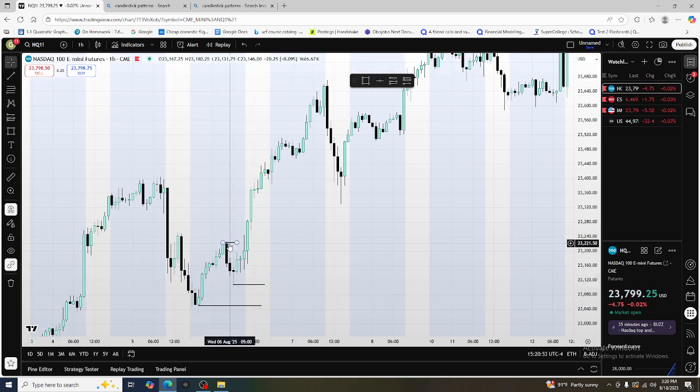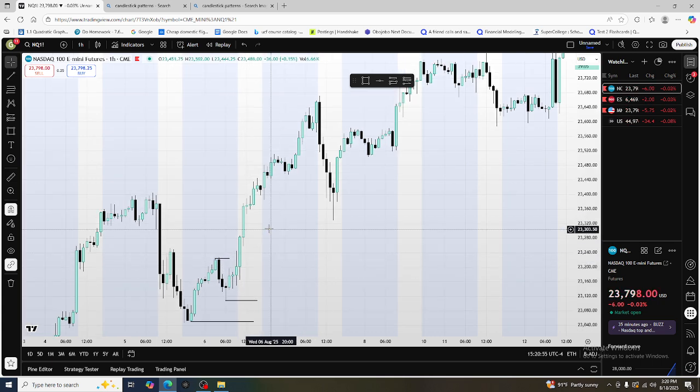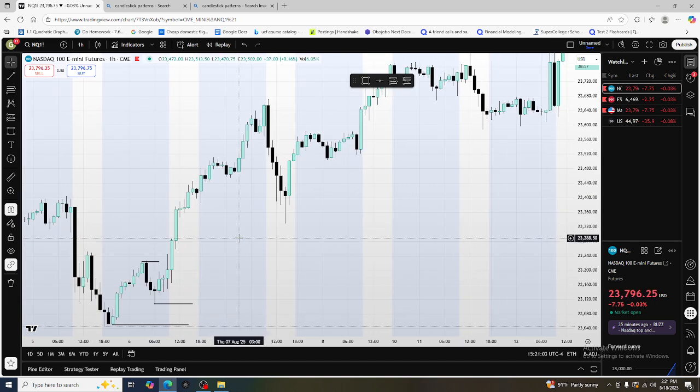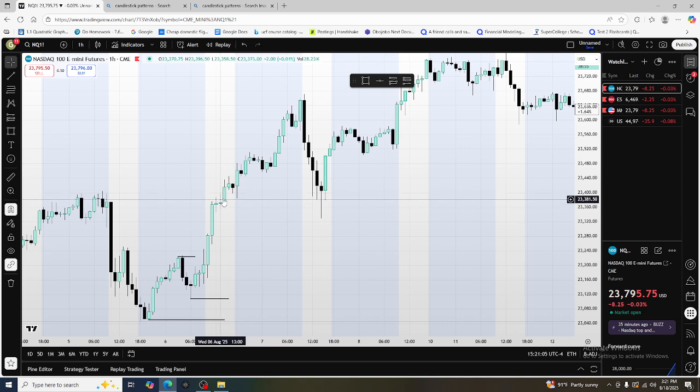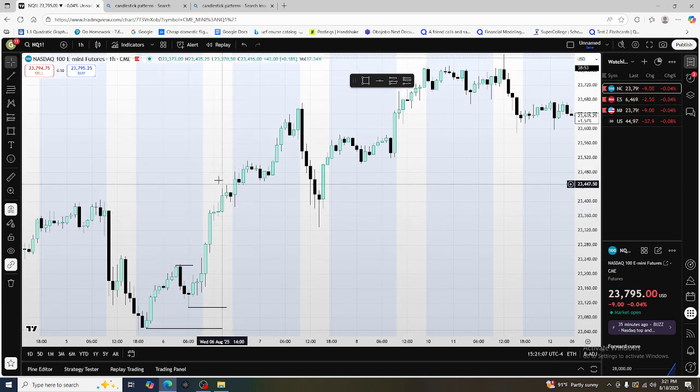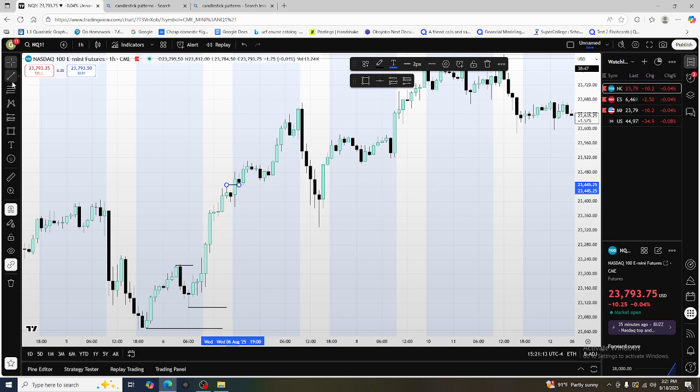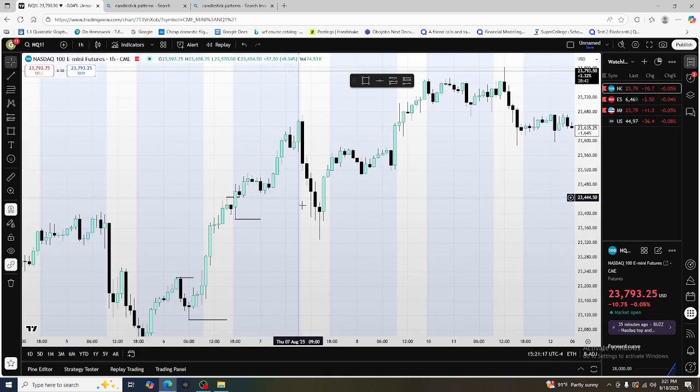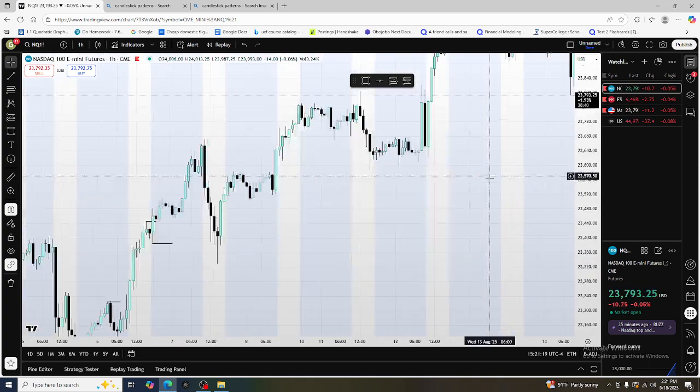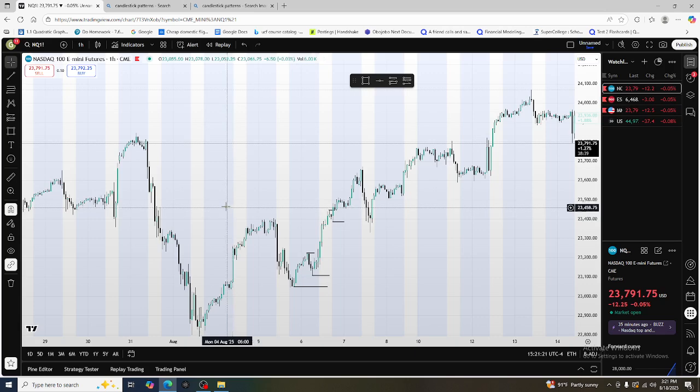We have a low, high, higher low right here. This right here may look like a high, but not a high because we didn't follow through. Obviously, we're going to make a higher high, but technically this is not a higher high yet. But it is, but whatever. Then come up here, boom, higher high right here, lower high, I mean, sorry, higher low. And then it just keeps going like that. Very easy. That's trend.